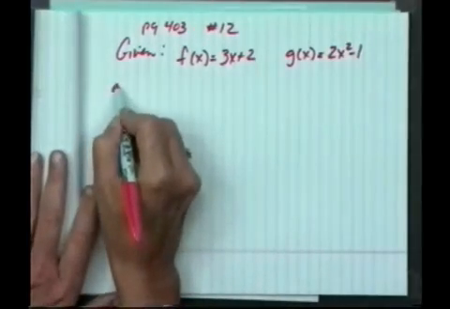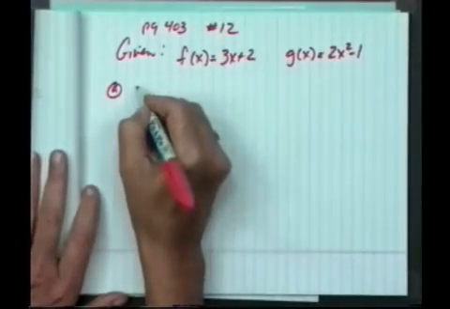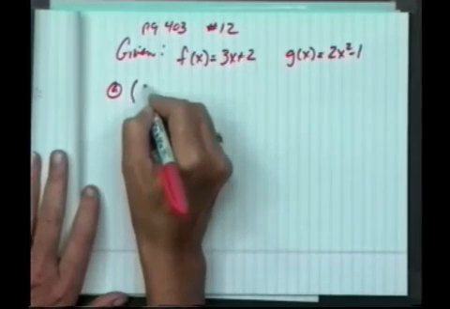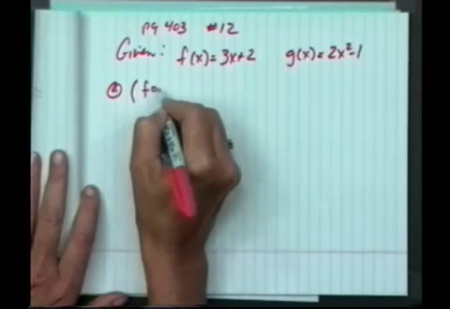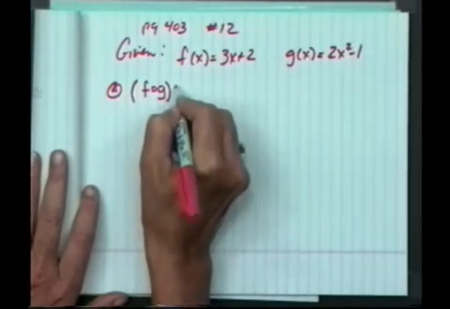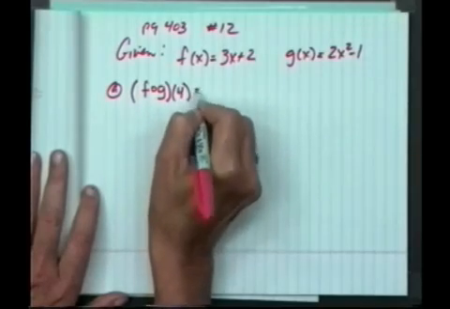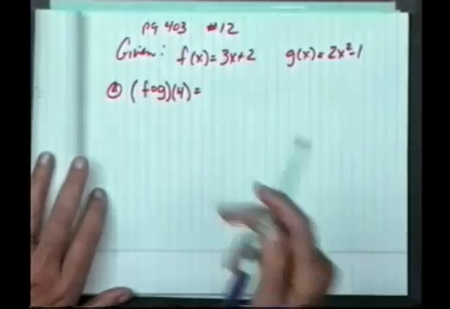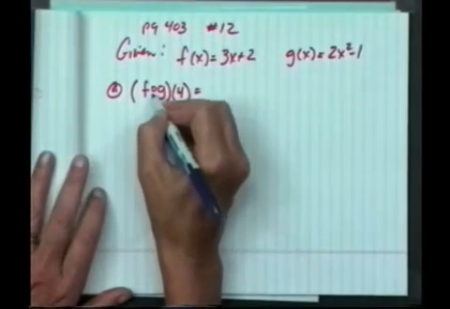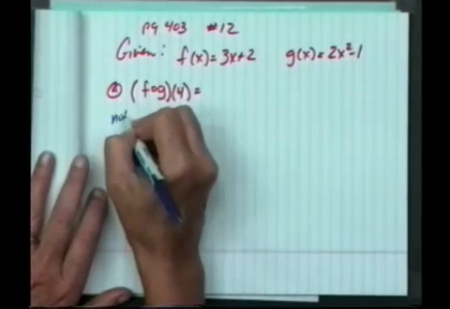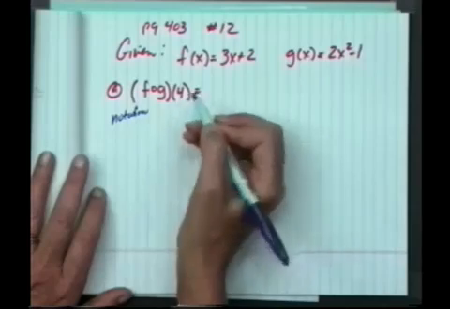The first part of the question uses some notation, and that is f with a little round circle and then a g and a 4. This little round circle, which looks like the word fog, is the notation for composition.